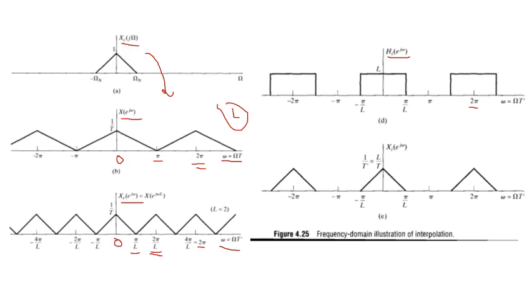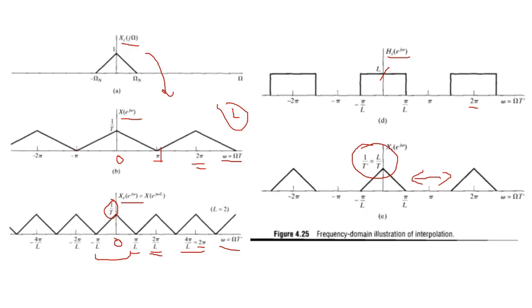So what happens, we will get this first copy, and then this copy at 2 pi by L will be skipped, and then this signal will be passed. Obviously the gain will be changed to L by T, because the gain of the filter is L and the amplitude of this is 1 by T. So 1 by T into L will be L by T. So now you can see here the copies are moved. Previously they were close. Okay, so interpolation.